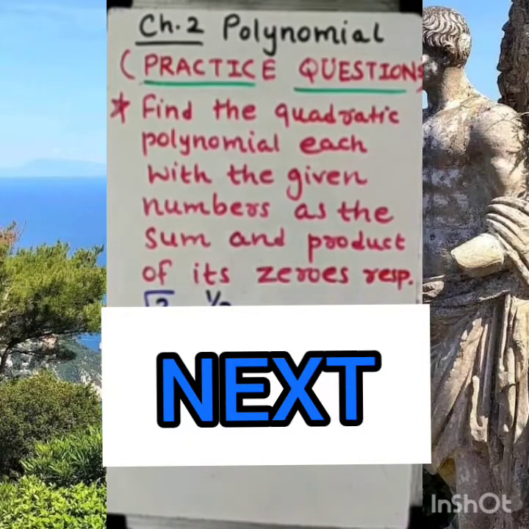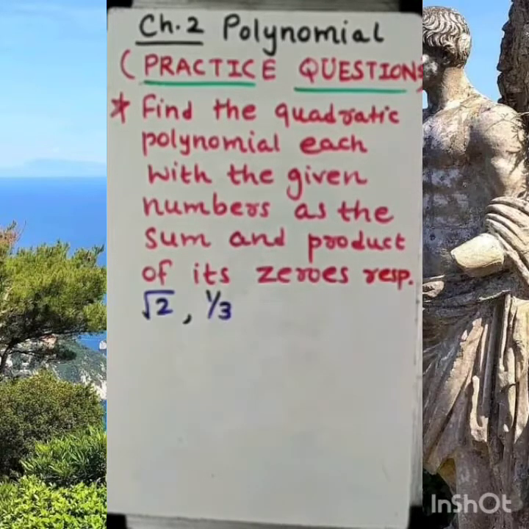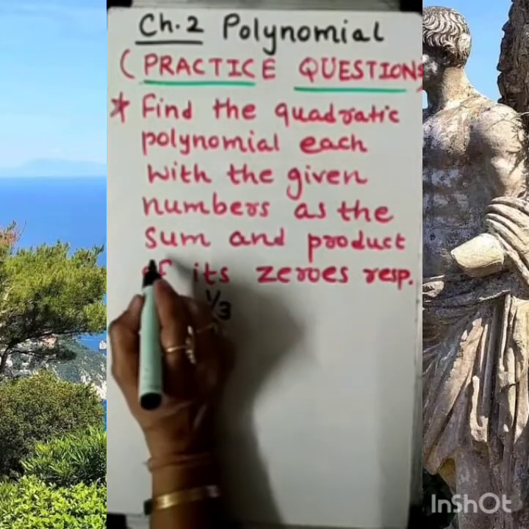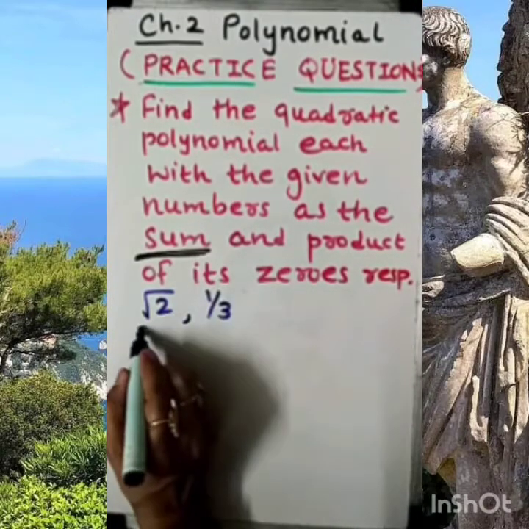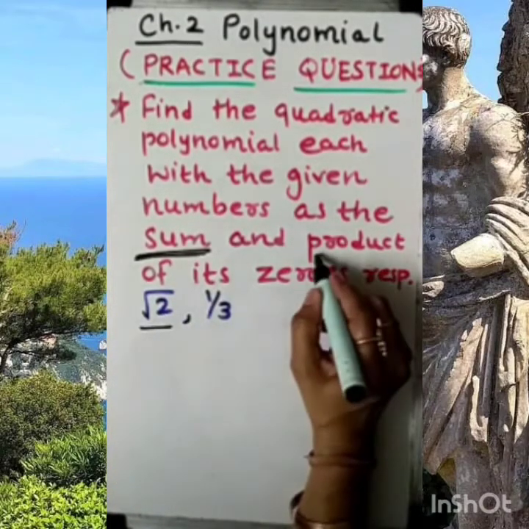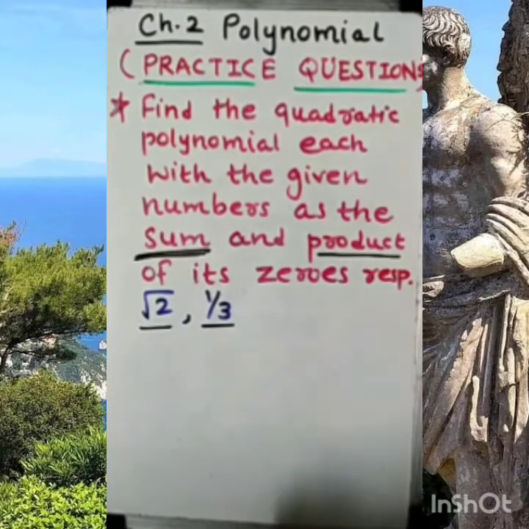So the next practice question is on your screen. Look at the screen and see what we are given. Find the quadratic polynomial, each with the given numbers as the sum and product of its zeros respectively: root 2 and 1. It means that here we are given the sum of two zeros, root 2, and the product of two zeros, 1.